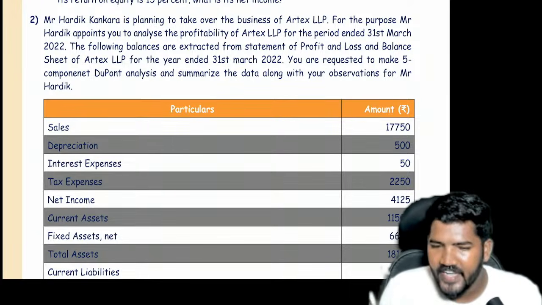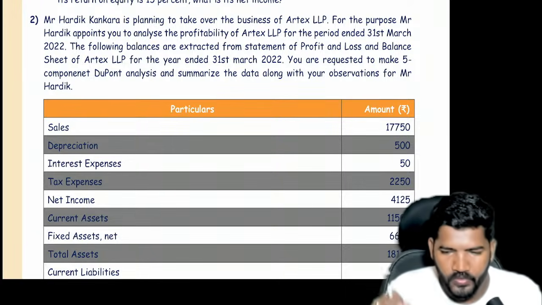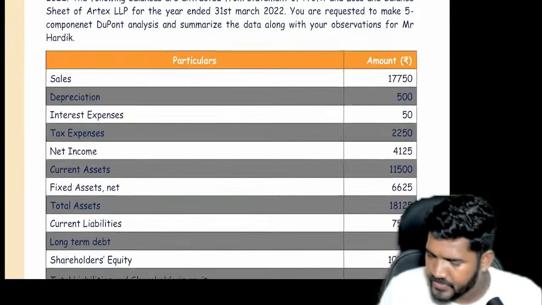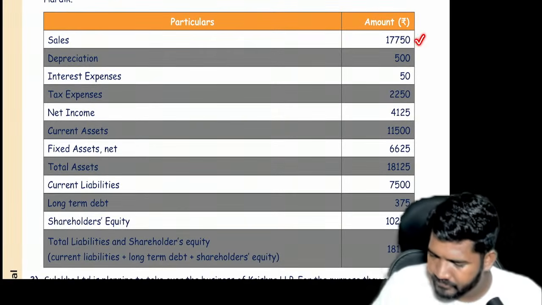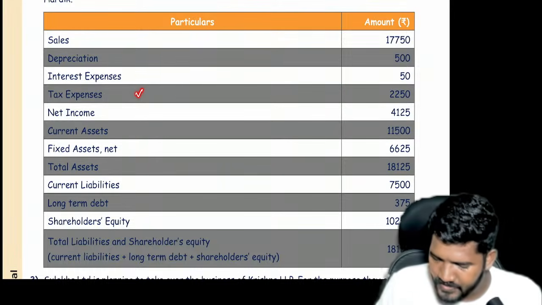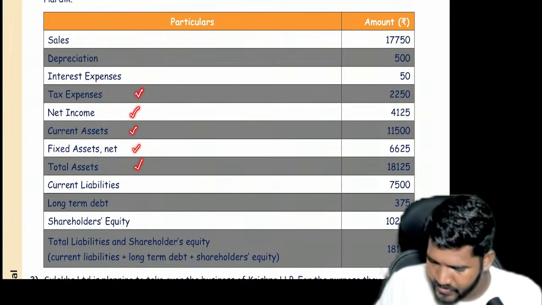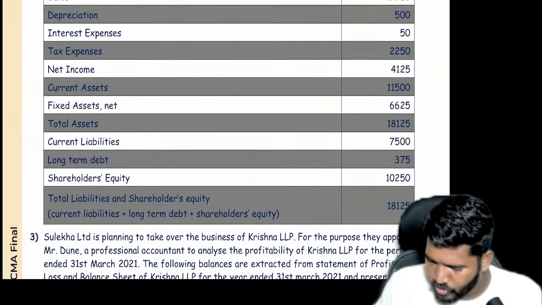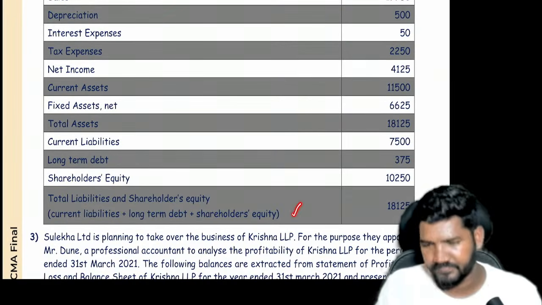So calculation as well as observation, only then you will get full marks. Okay. Next, sales is given. Depreciation, interest expenses, tax expenses, net income, current assets, fixed assets, total assets, current liabilities, long-term debt, shareholders equity, total liability and shareholders equity.